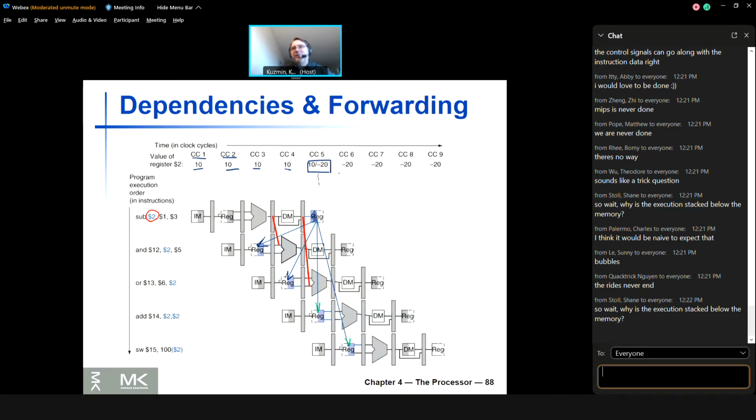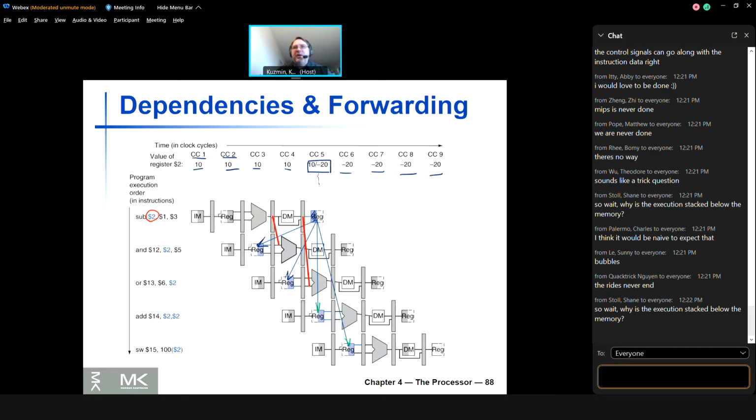And from this point on, of course, it's going to be -20 because no other instruction in our sample changes register 2. And so obviously the problem is with these two instructions that have the dependency that calls for going back in time, accessing their value before it was actually written to the register.